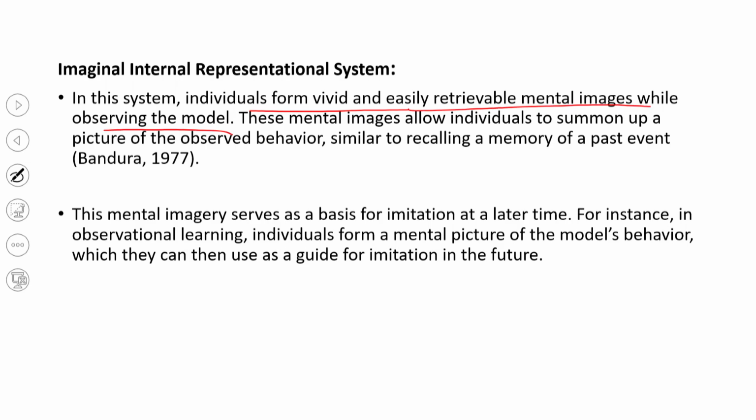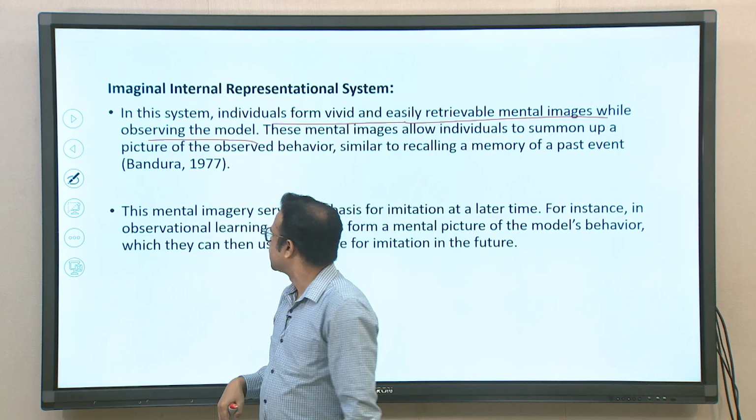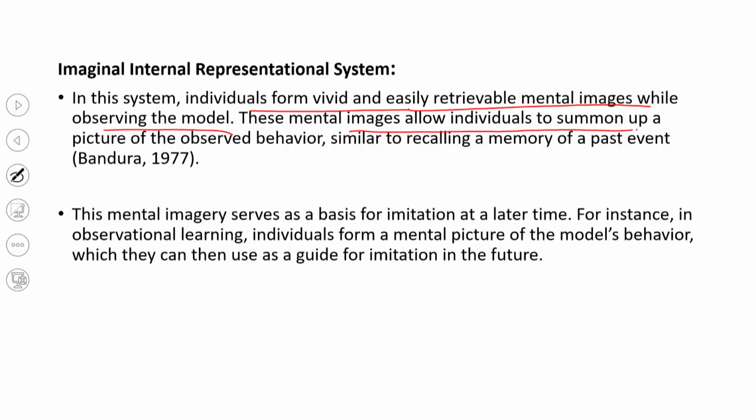Whatever we see, we can create an image of it and then remember that image. These mental images allow individuals to summon up a picture whenever they want to produce that. They can just remember that picture, what the person was doing, and have a detailed image of that, and accordingly they can produce it.